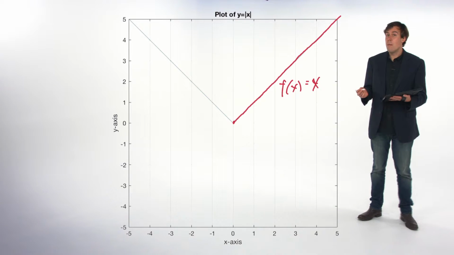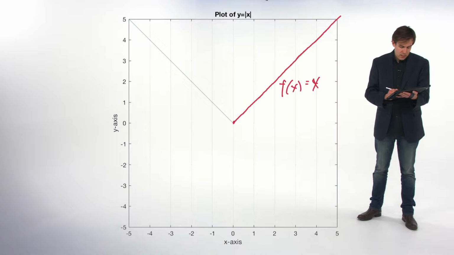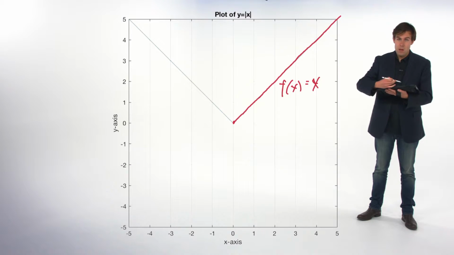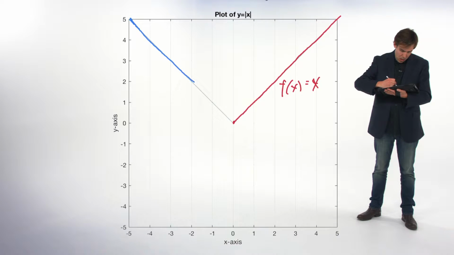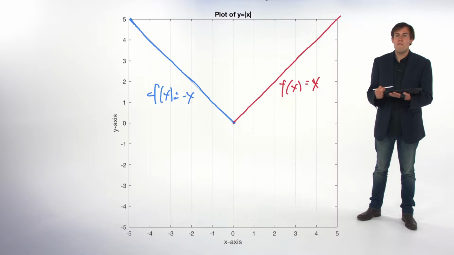Now for negative numbers, it acts by killing off the negative sign. So we would expect to see the plot of the function f of x equals minus x. And we do. This branch here that I'm highlighting in blue right now, this is f of x equals minus x. So you get the famous V shape for absolute value.